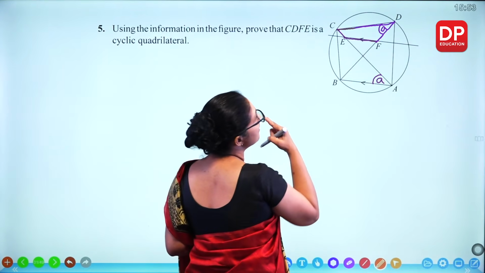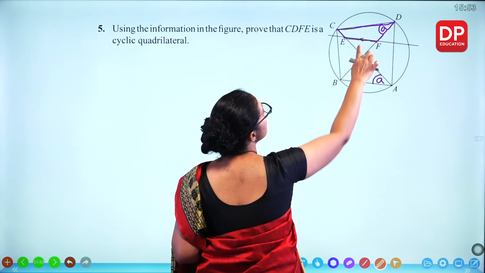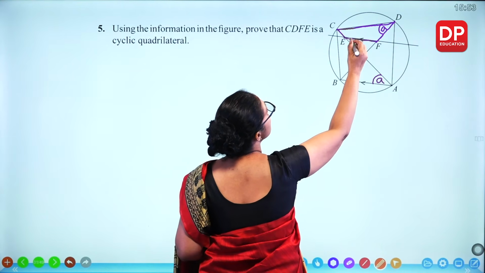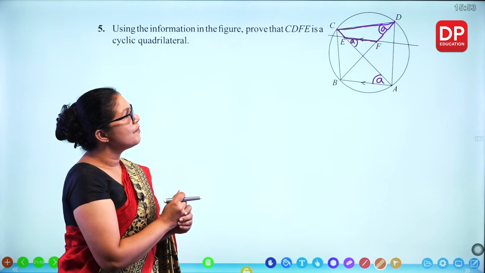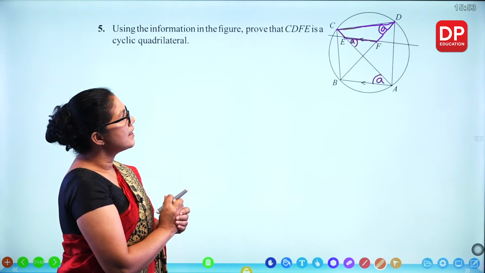And these two lines are parallel. This and this. So this angle is A. So we get opposite angles are supplementary.